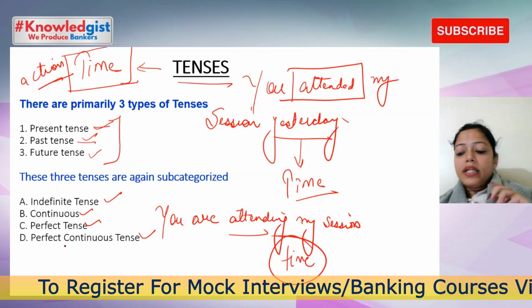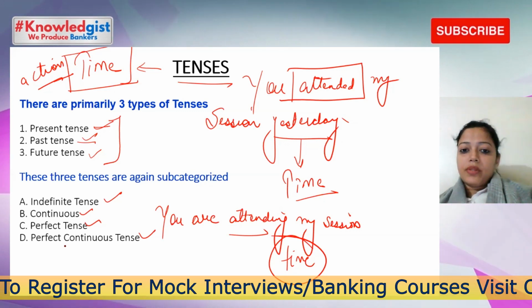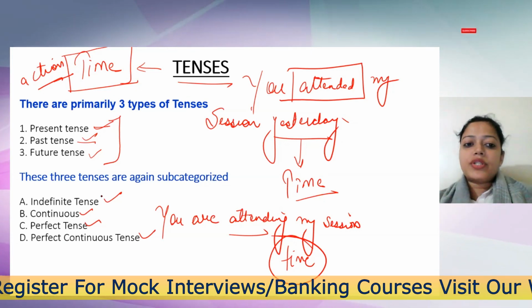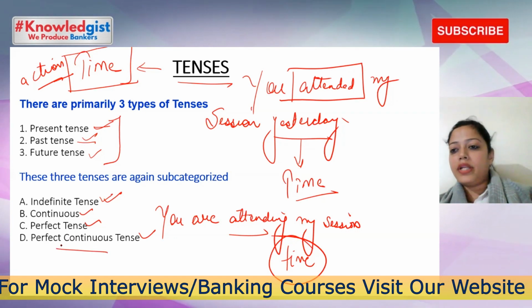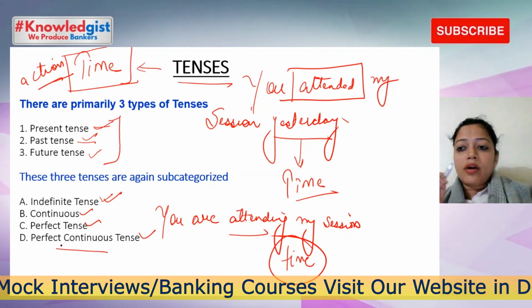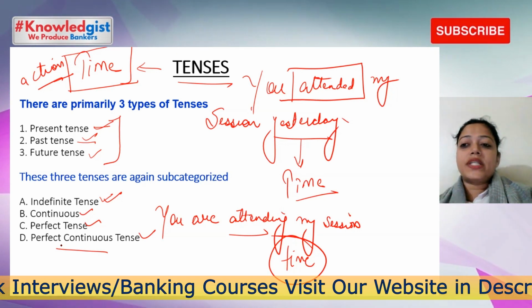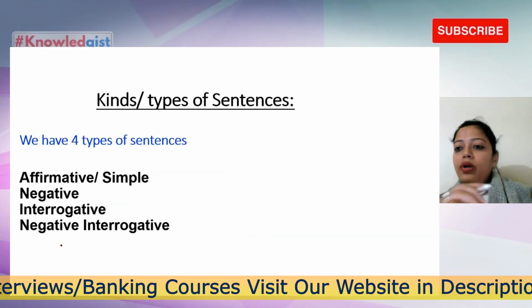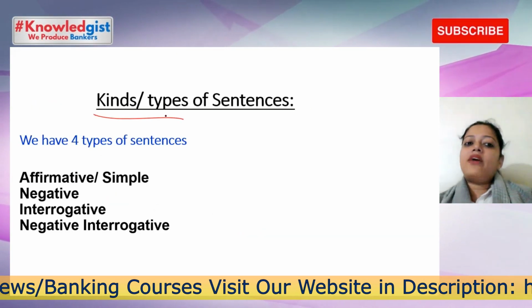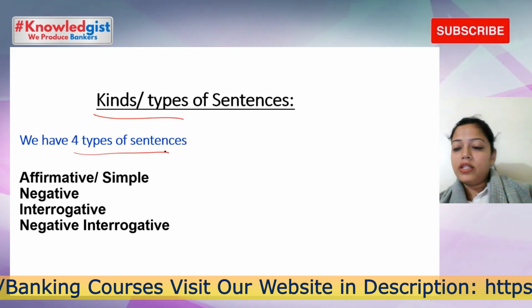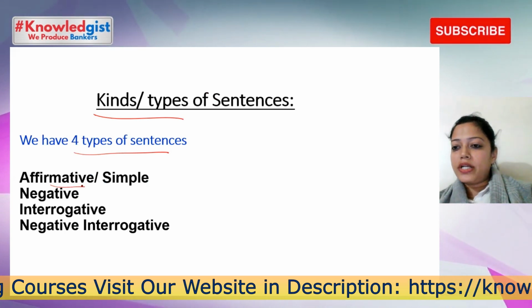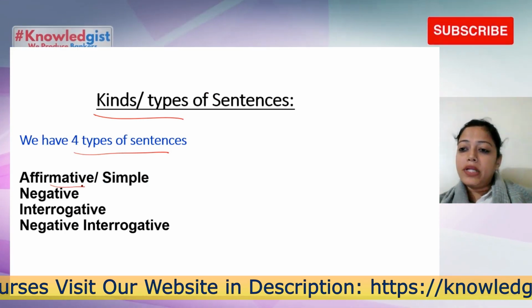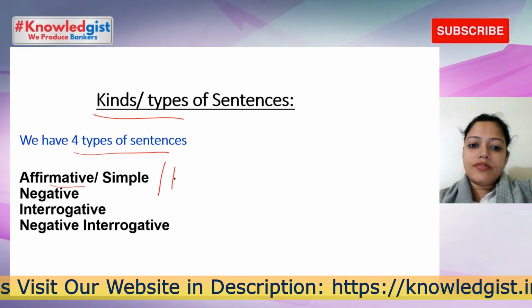These are only the types of tenses. But if I have to start indefinite tense, or present continuous tense, I also need some kinds of sentences. According to this, I have 4 types of sentences that we have to discuss. First is affirmative sentences, or you can say simple sentences or positive sentences.